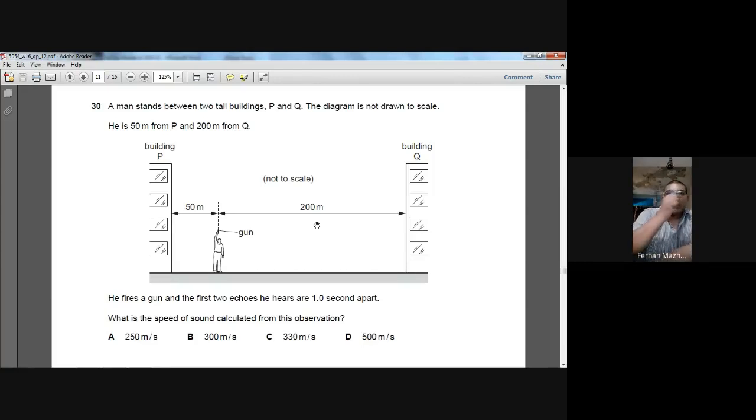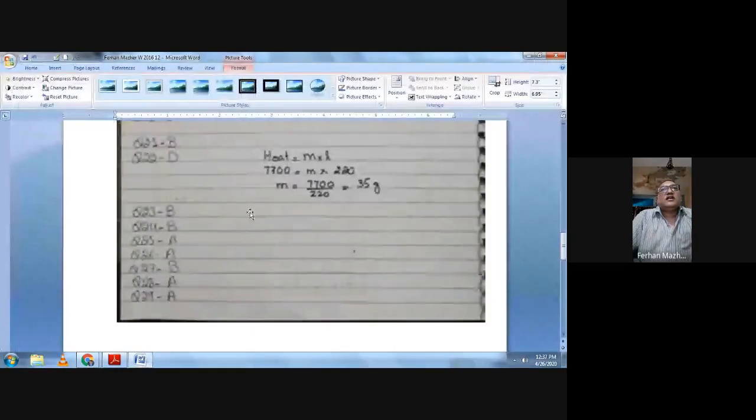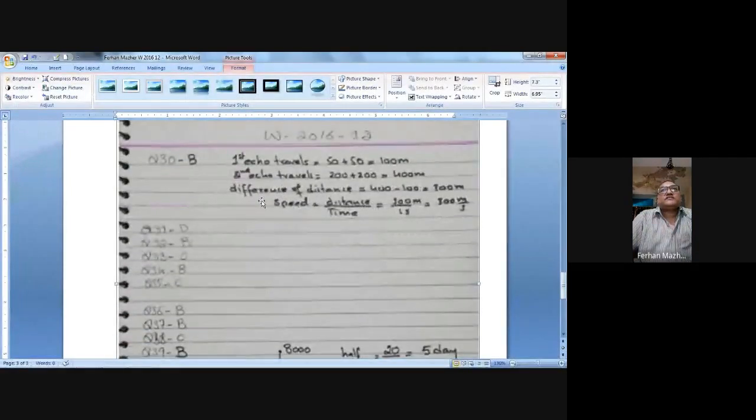So the choice will be B. Let me show you. I have done this work also. On your screen, I hope you are able to see. The first echo travels 50 plus 50, 100 meters. The second echo travels 200 plus 200, 400 meters. The difference in distance between the two echoes is 400 minus 100, 300 meters.